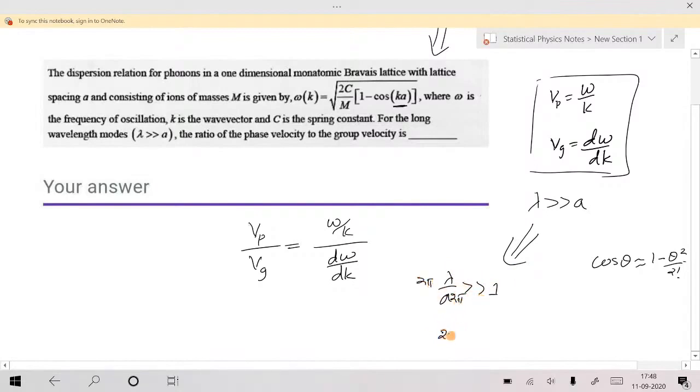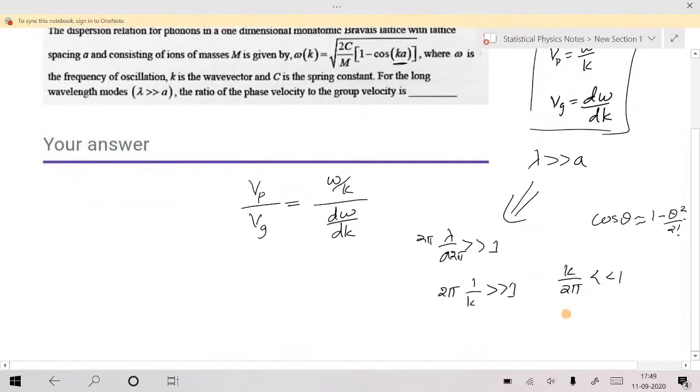So 2 pi by k is very much greater than 1, or k by 2 pi is very much less than 1. Sorry, 2 pi by lambda is k, so a into 2 pi by lambda is ka. What I'm thinking is ka is very much less than 1. Somehow this approximation you can convert into ka is very much smaller than 1. Let me quickly try to do this one.